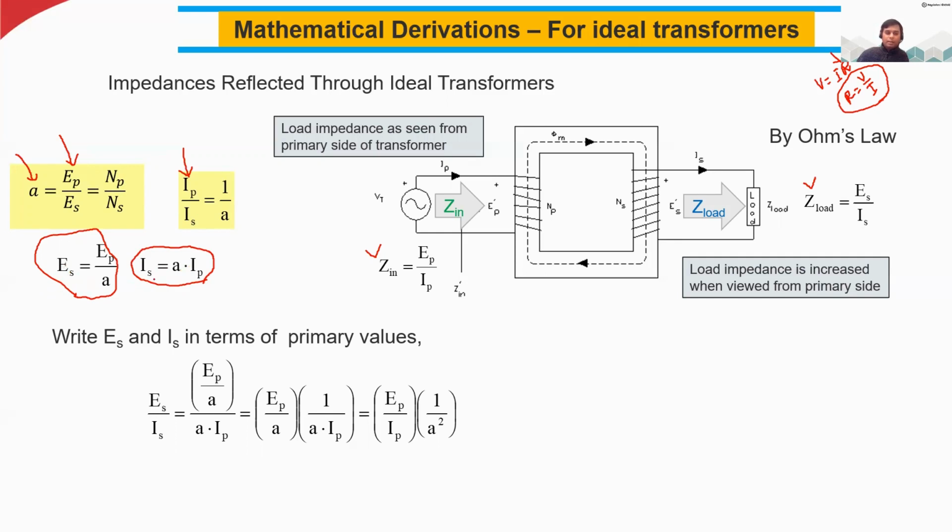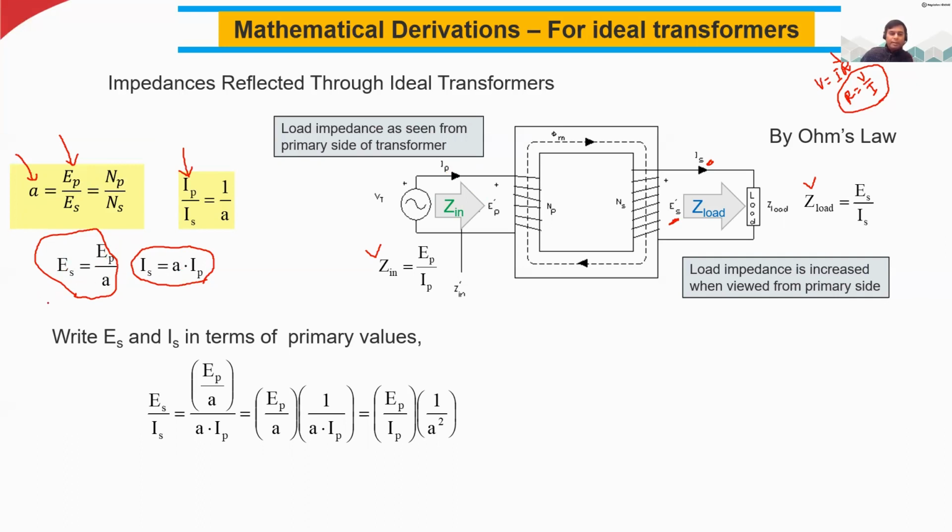So voltage and current in the secondary side, IS and ES. I write this ES and IS in terms of primary values. On the primary side, I have the EP and IP. So now I am writing the same. ES is equal to EP divided by A. IS is equal to A times IP.